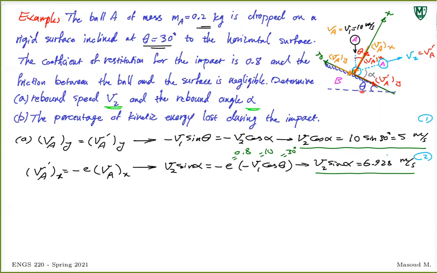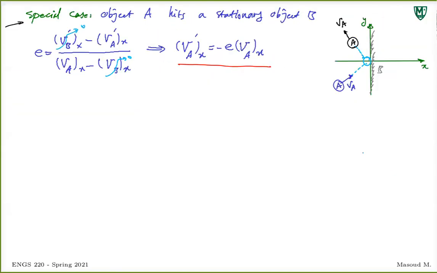So VAX, the reason it's negative, because if you look at the example, so what I want you to do is that when you solve a problem, have these in front of you as reference.